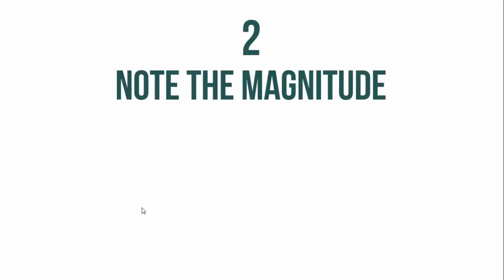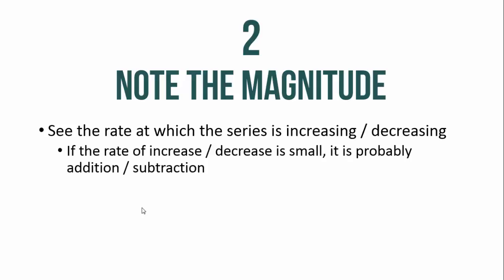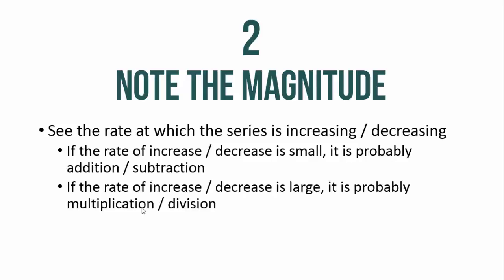The second tip is note the magnitude of the numbers in the series. That is, see the rate at which the series is increasing or decreasing. If the rate of increase or decrease is small, the series is probably growing by addition or subtraction. If the rate of increase or decrease is large, it's probably multiplication or division.